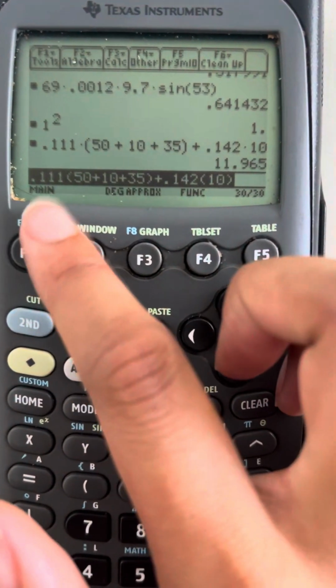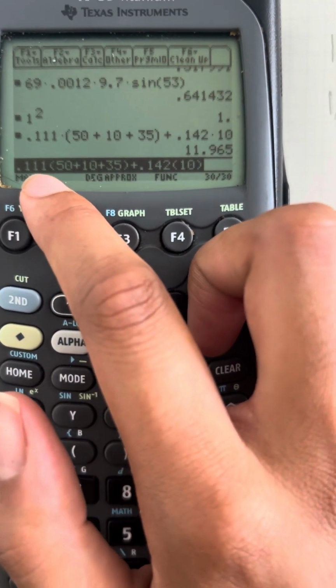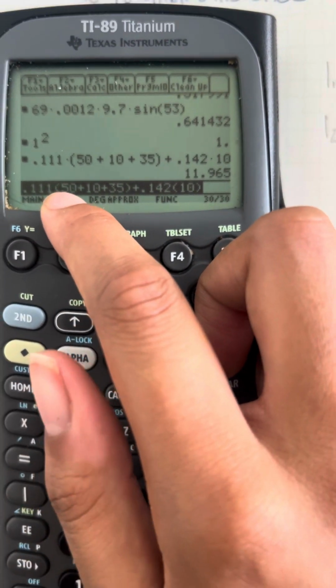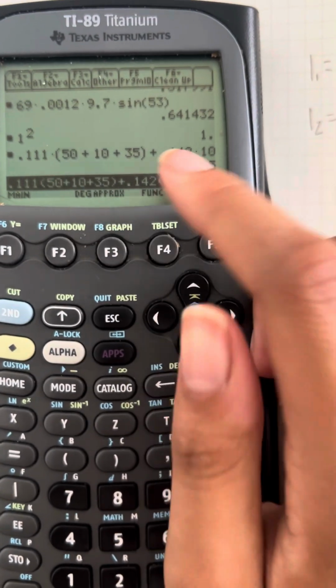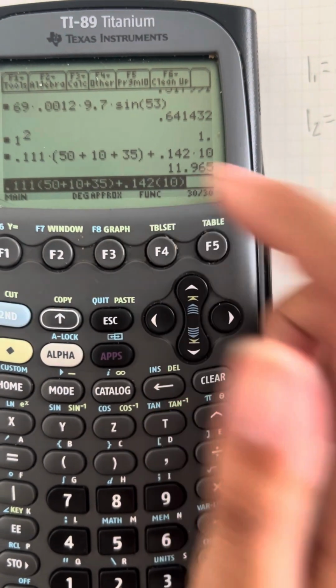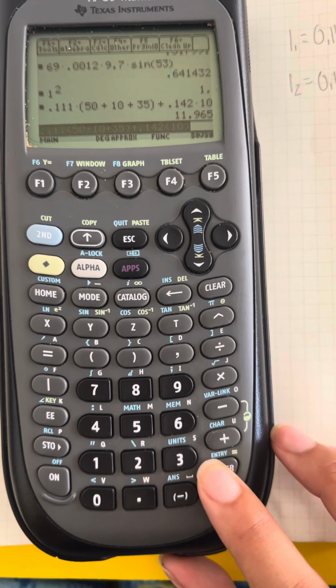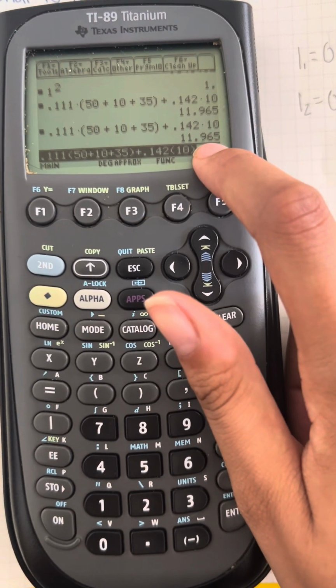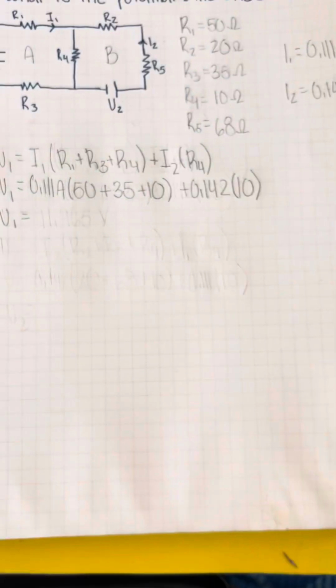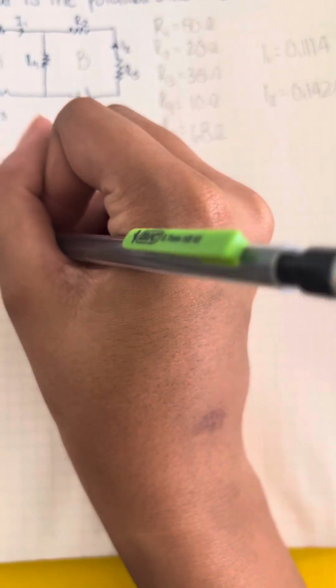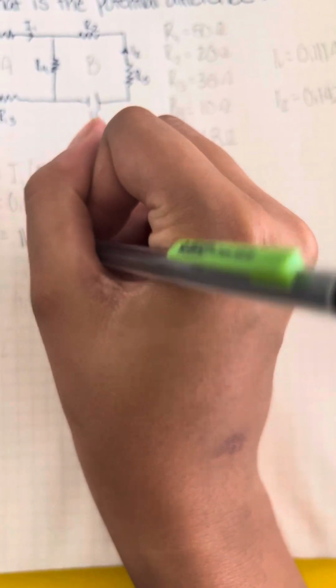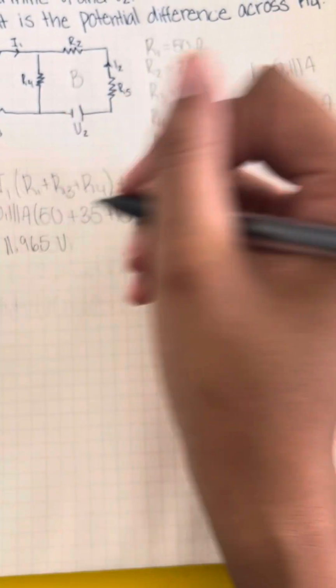Okay, now I put that in my calculator here, 0.111, so this is the current for 1 times the resistors added together plus the current for 2 times the resistor for just 4, and that was 11.965. And this is in volts.